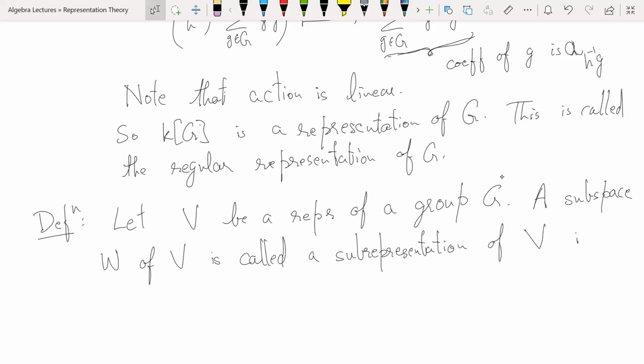Representation of V if W is stable under G action.